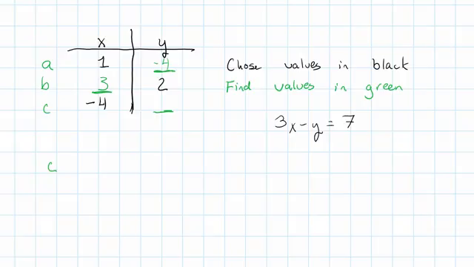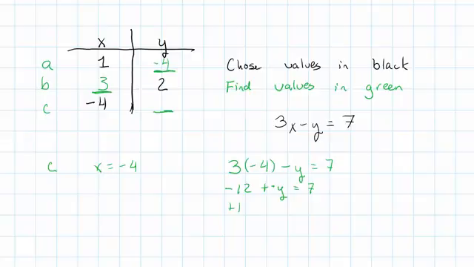And finally, for row C, we've chosen x equals negative 4. So we'll have 3 times negative 4 minus y equals 7. That'll be negative 12 minus y equals 7. Again, minus y means plus negative y.